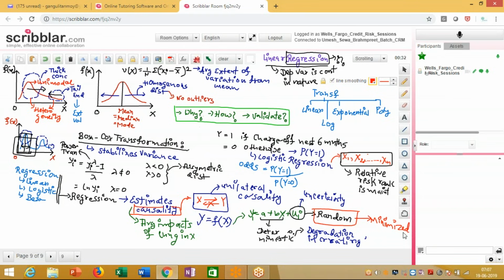So the impact of this needs to be minimized. The linear regression approach helps us do that, minimizing the error in the prediction by minimizing the random or uncertain component.